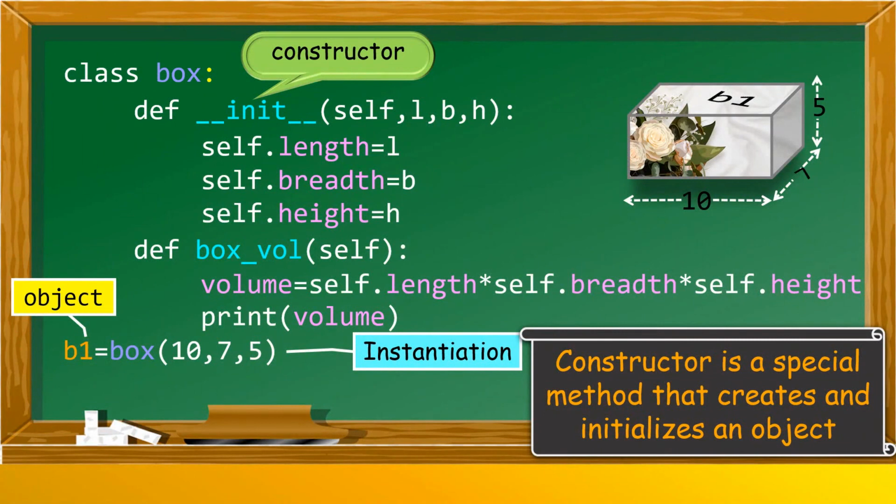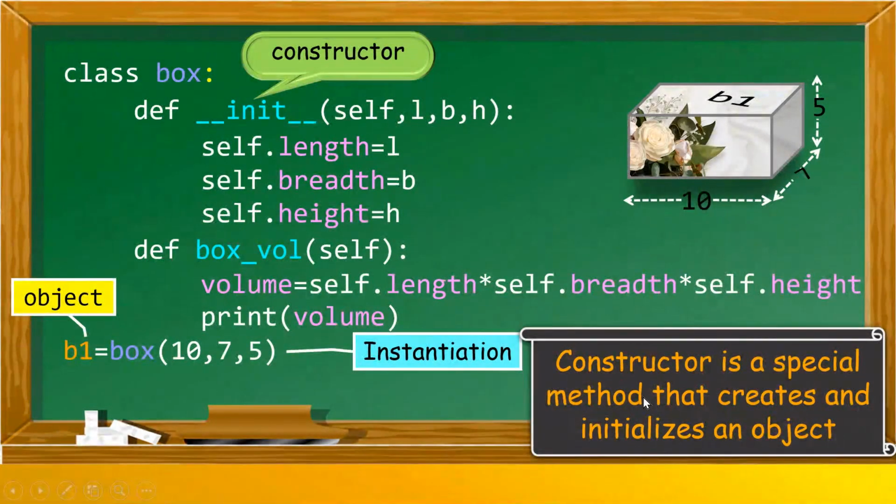Why is constructor a special method? Because it has a definite name, __init__. Constructor is executed automatically when the object is created.